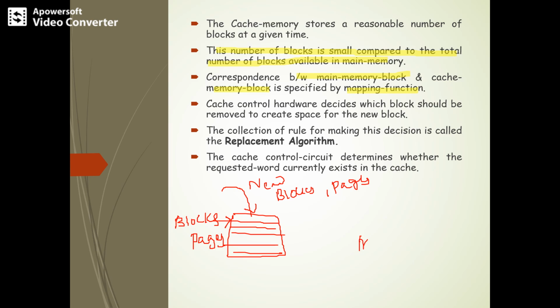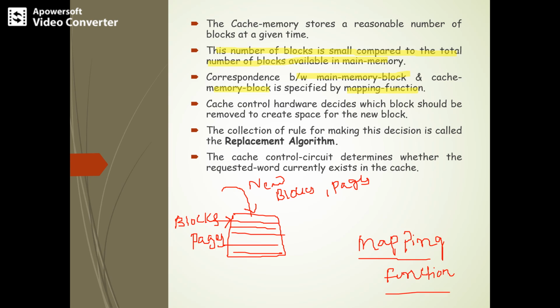The mapping function decides which respective block needs to be removed from the cache, so that we can create new space within the cache for the new blocks. That is the mapping function.